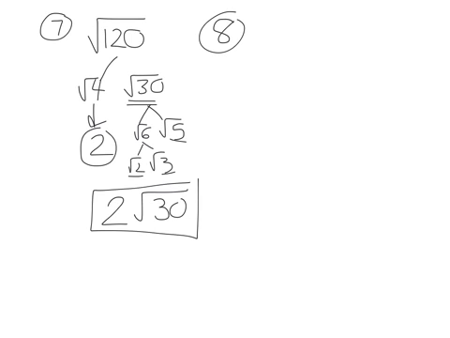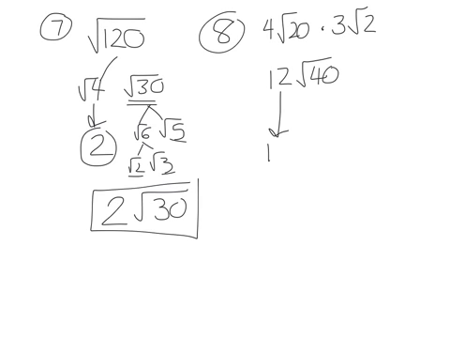Okay, let's now do 4 radical 20 times 3 radical 2. So I'm going to go ahead and multiply what's on the outside, which is 12, and multiply what's on the inside, which is 40. But now I have to break down radical 40. I have this 12 on the outside that I don't want to lose.